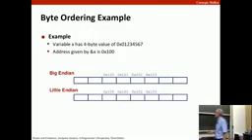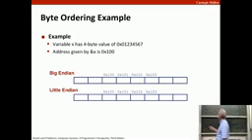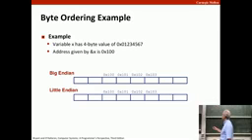So again, just to illustrate what I mean by this, think of a 4-byte value like this. And remember that the way we write numbers is we put the most significant to the left and the least significant to the right.